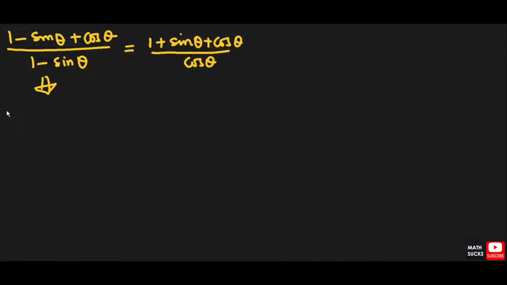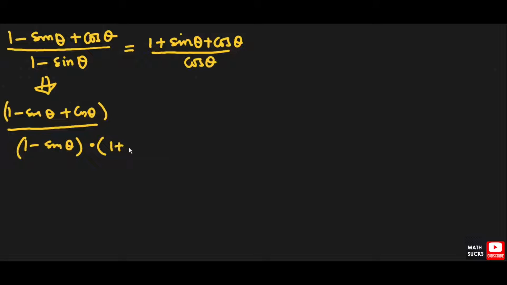So what we are going to do is to have this cosine of theta, and then the denominator is 1 minus sine of theta. Then think about its conjugate, multiply it by 1 plus sine of theta, then multiply the numerator by the same to avoid changing the meaning, which is 1 plus sine of theta.